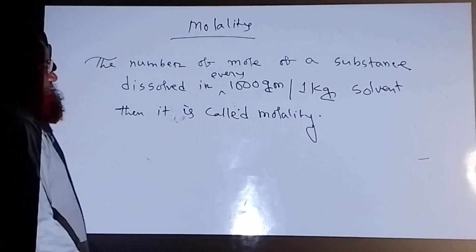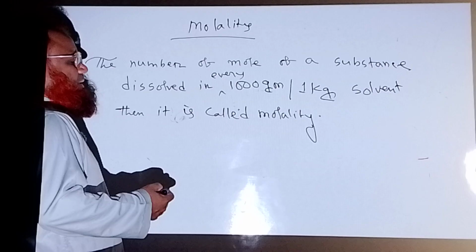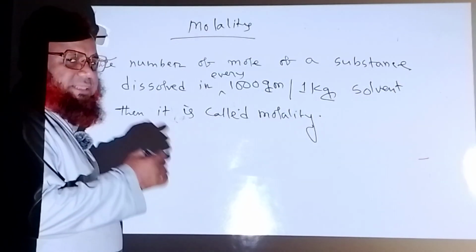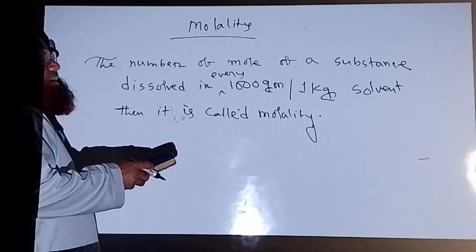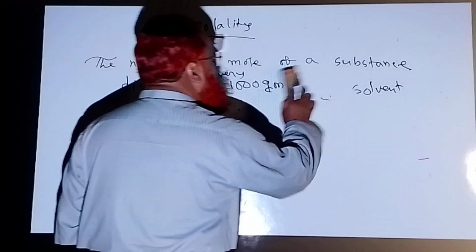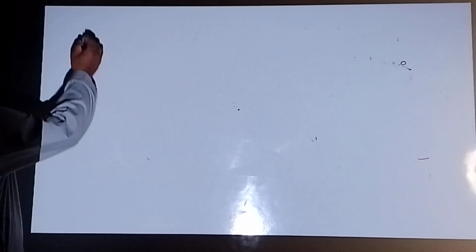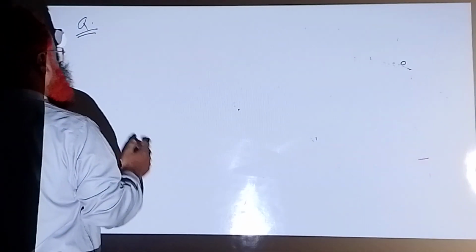or molal concentration. So how can we do an example with formula derivation? This is just the definition we have written down. Now go to the formula derivation through an example. Now my dear student, look at here. One question will make you clear about the formula of molality.